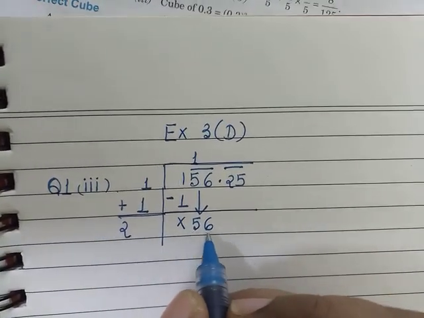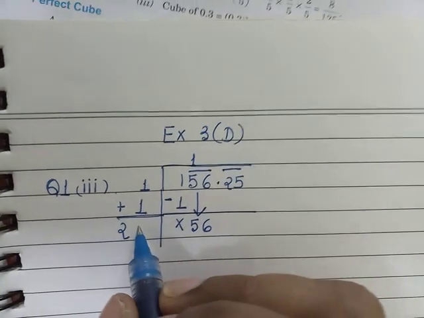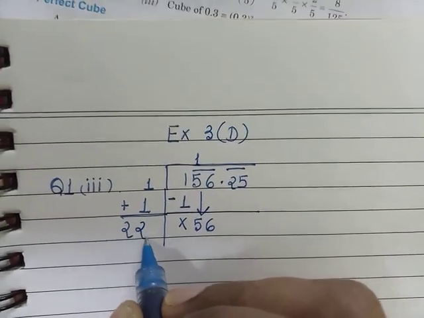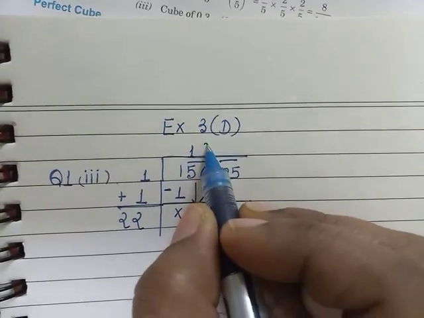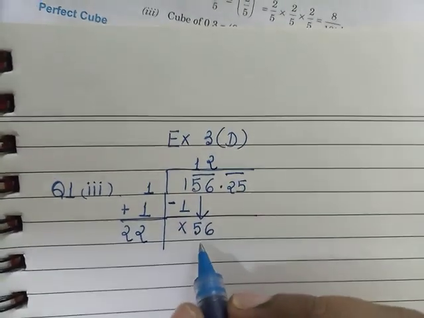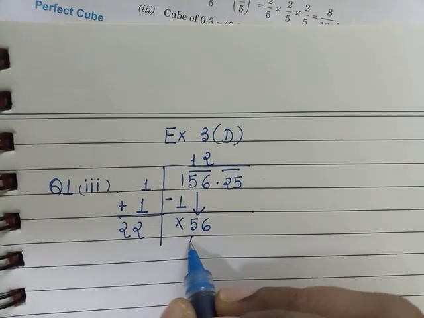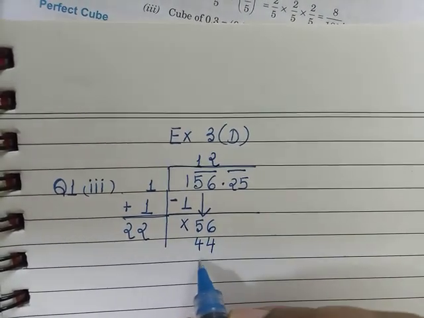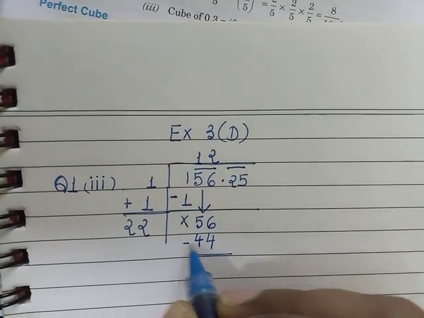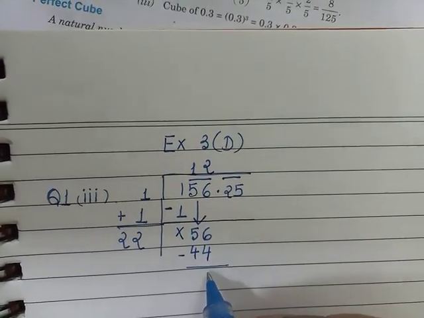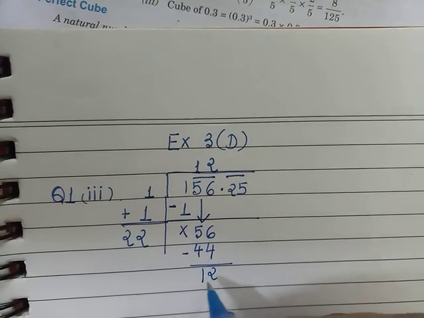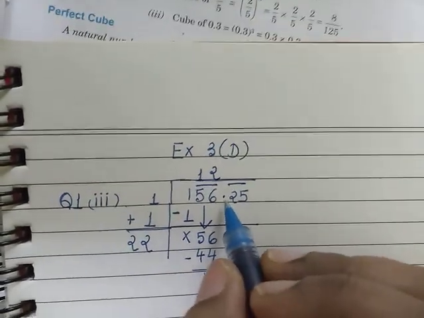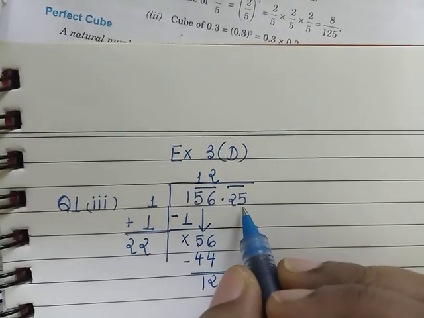That is greater than 56. So I affix 2 here and we multiply 2 with that. So what do you get? 22 twos is 44. Again we subtract. What are we left with? 12.